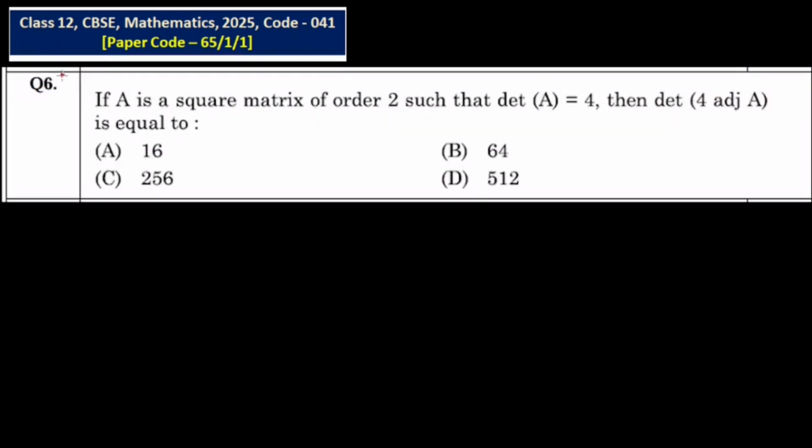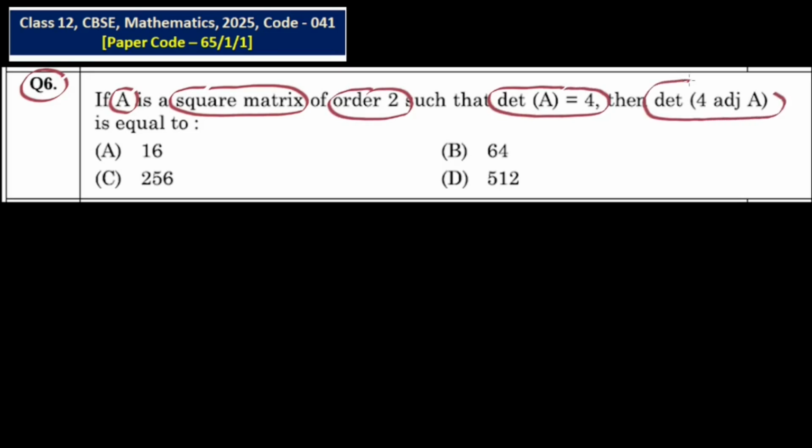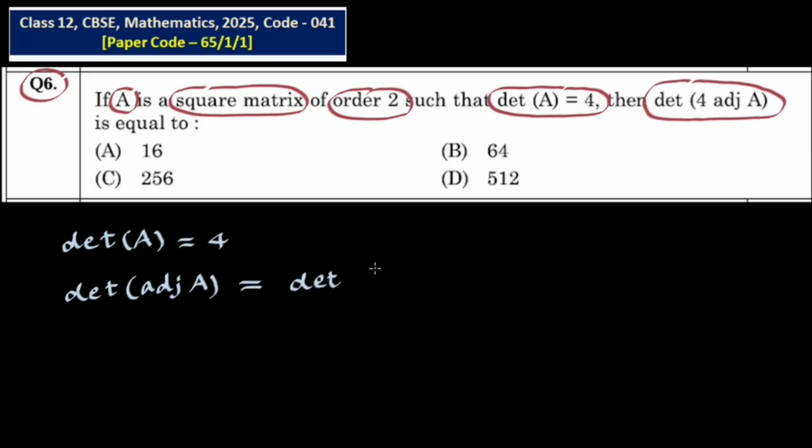Question 6. A is a square matrix of order 2 and determinant of A is 4. We have to find value of determinant of 4 adjoint A. Determinant of A is 4. Determinant of adjoint of A is determinant of A power n minus 1, where n is order of the determinant.